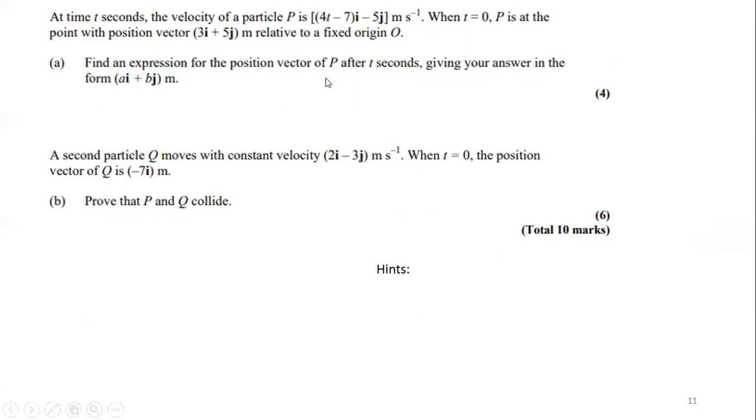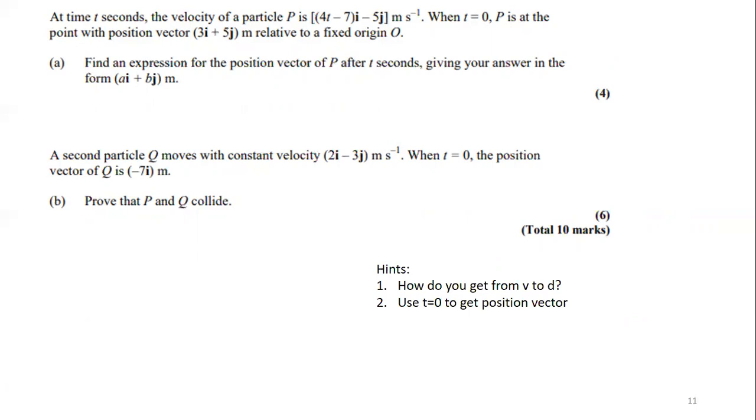So if you look at the velocity, well, how can we get from velocity to displacement? That's one way of doing it. And then you can sub in t is 0 to get the position vector, to get an expression, and that's done.